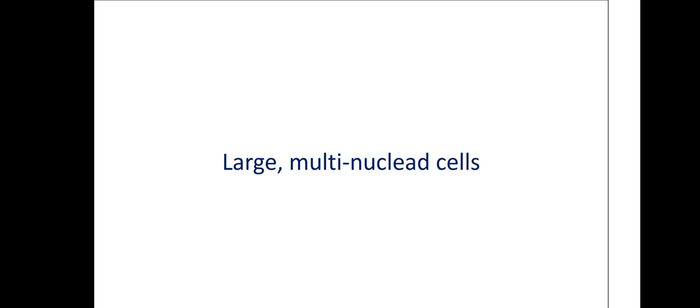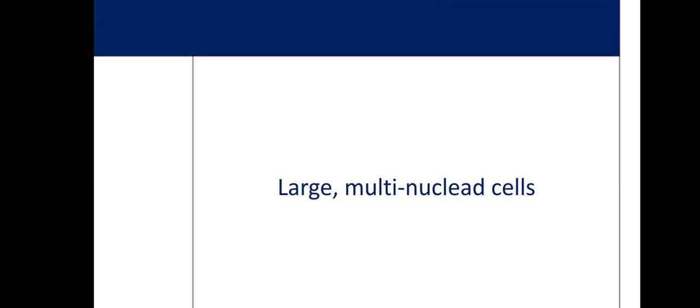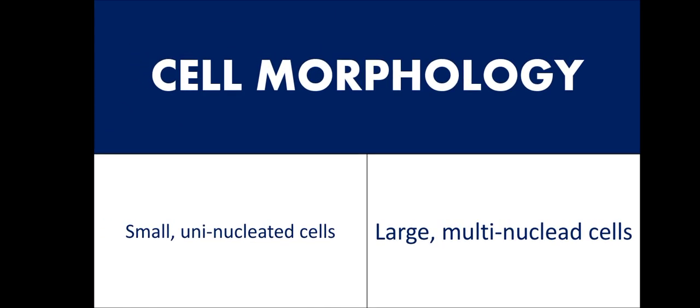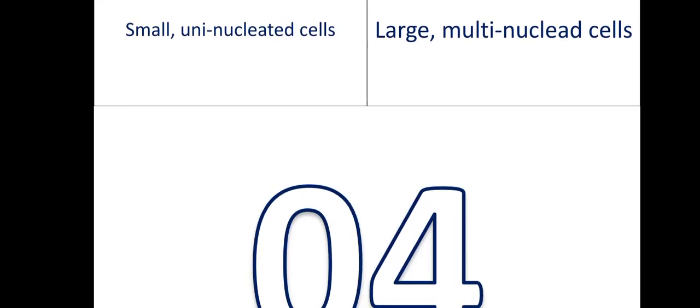That means they are large and they also have many nuclei per cell. So on the basis of cell morphology, osteoblasts and osteoclasts can be differentiated, as the osteoblasts are small uninucleated cells while osteoclasts are large multinucleated cells.